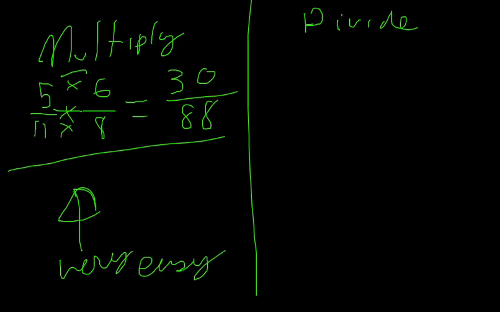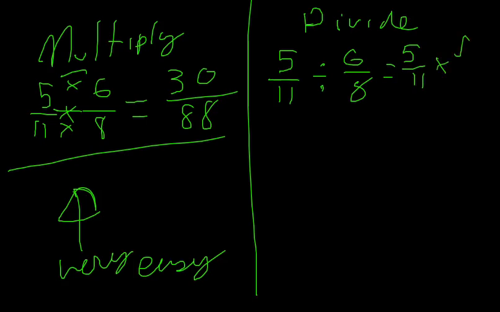Dividing, not so easy, but still easy. Let's do the same one. 5 over 11, this time divided by 6 over 8. Now, we know that when we're dividing, this is actually equal to 5 over 11 times 8 over 6. If we flip this one over, it becomes a multiply.